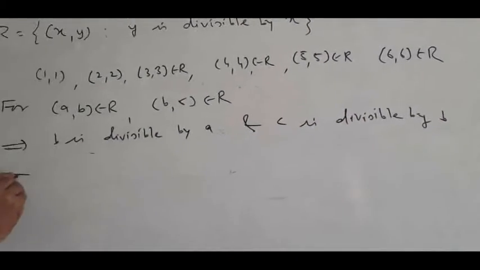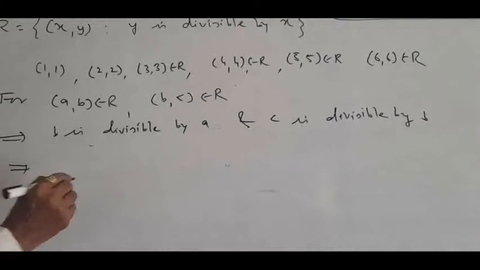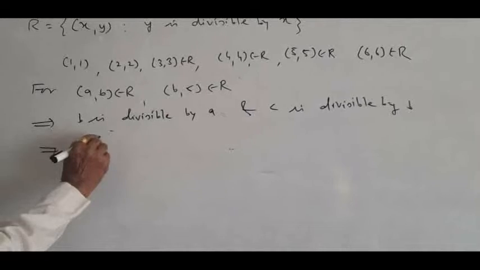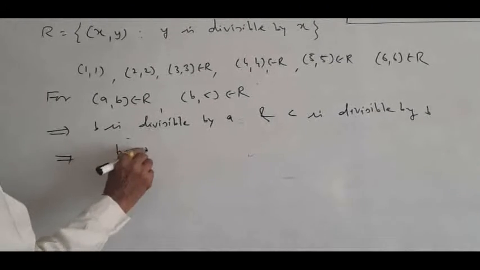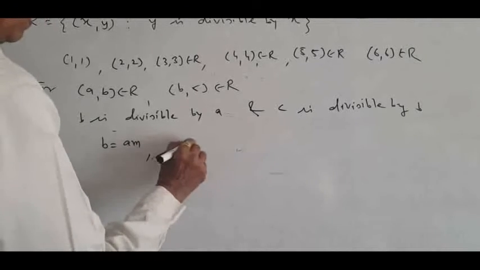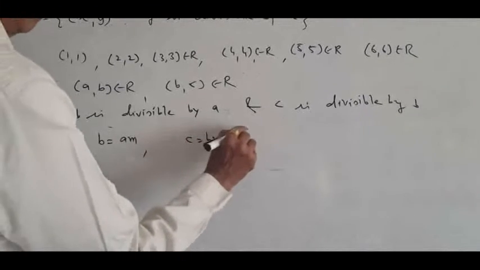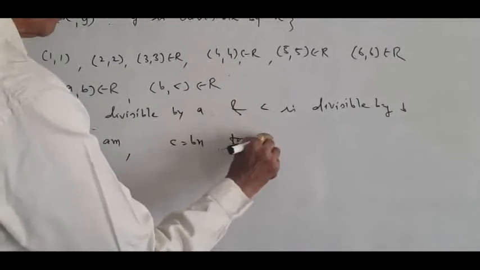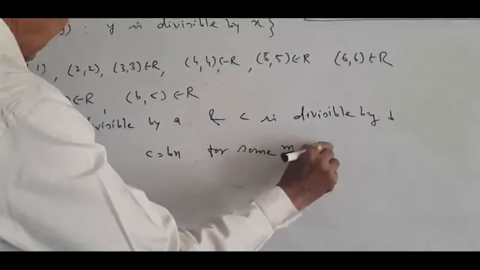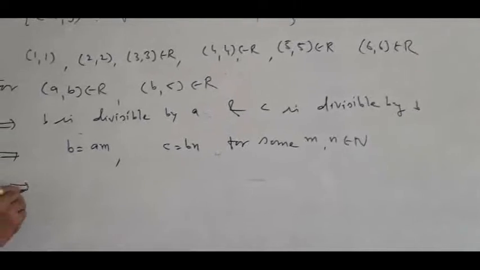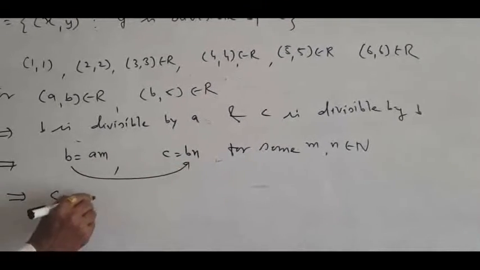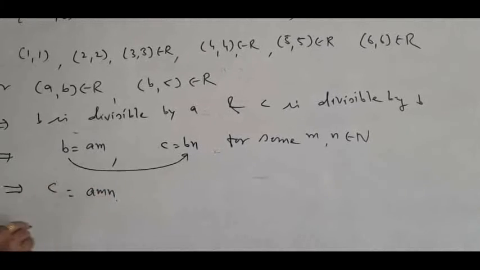Now b is divisible by a, therefore b is equal to am. c is divisible by b, therefore c is equal to bn for some m, n belonging to capital N. Therefore, c is equal to, putting the value of b here, amn.